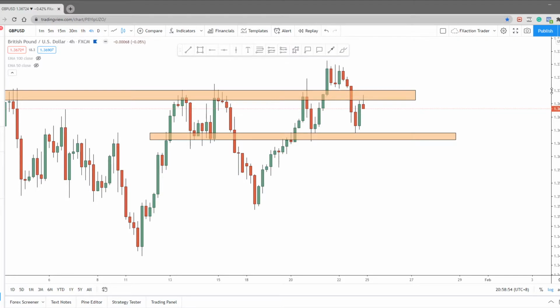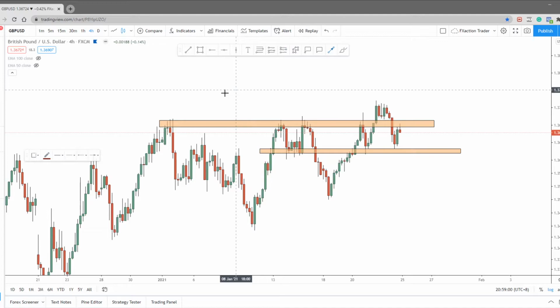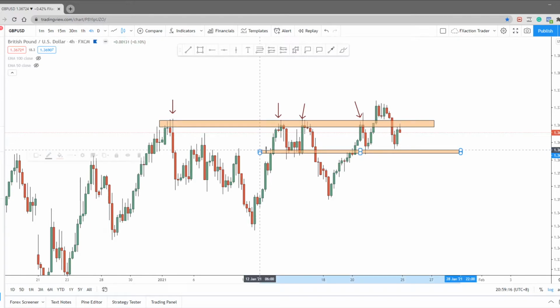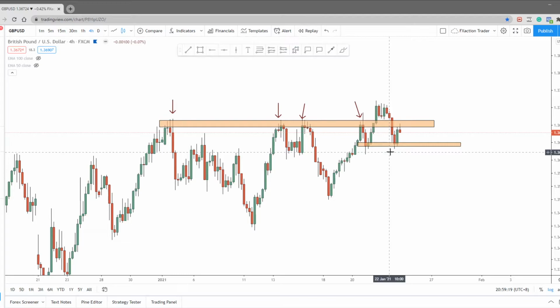Alright, so on the pound dollar on the H4, we can see that this strong resistance level has finally been broken up, and market is actually retesting this breakout. If you look to the left, we can see that market is at this key level, forming a double bottom.